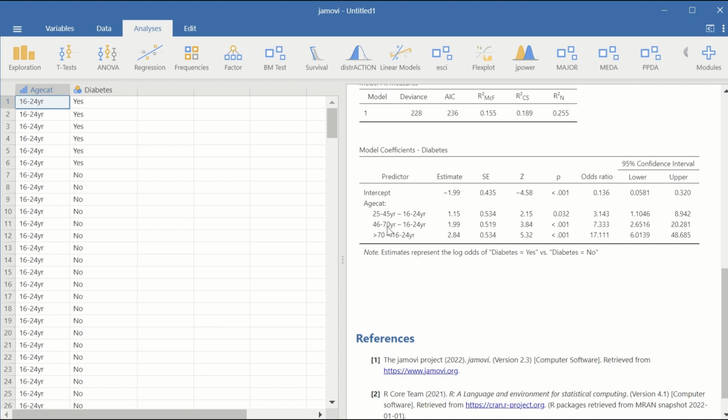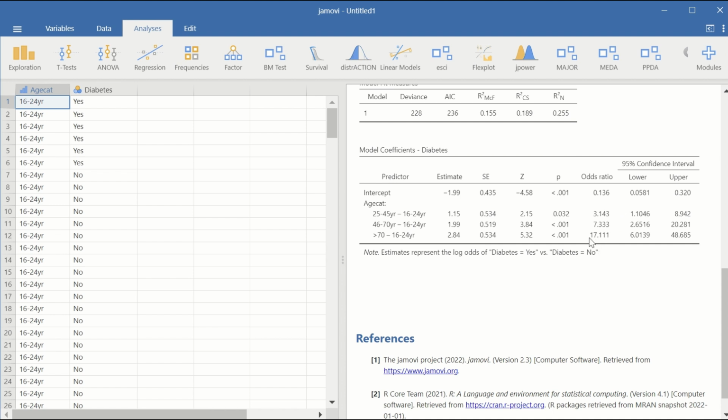For the second category, which is from 46 to 70 years old, those individuals in that category have an increased 7.3 odds of developing diabetes compared to the younger group. So with increased age category, the odds increase.